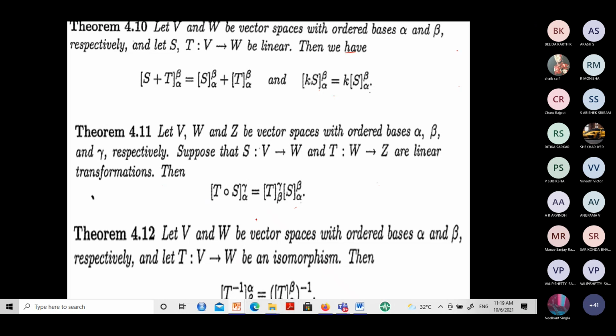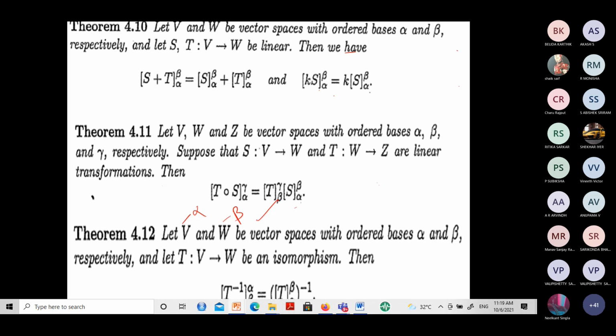Next one. Let V and W be vector spaces with ordered bases alpha and beta. Let T from V to W be an isomorphism. What do you mean by isomorphism? Mapping is 1, 1 and onto.